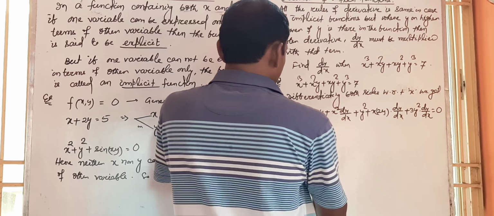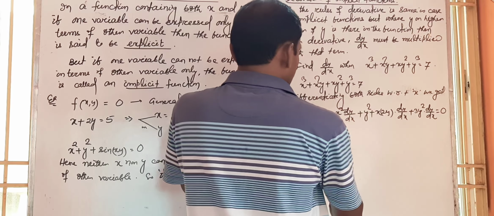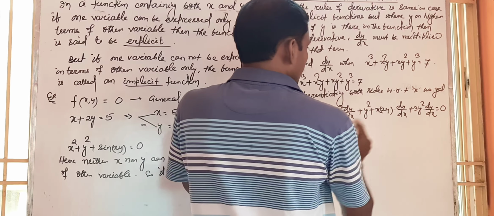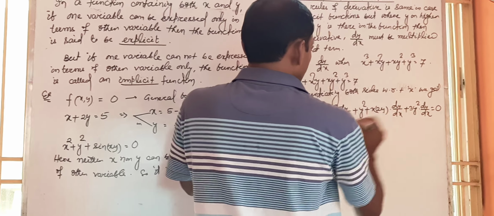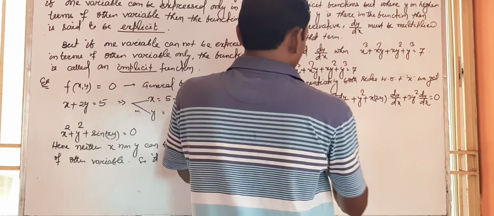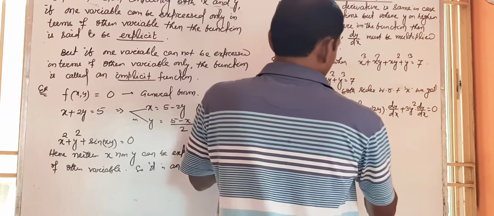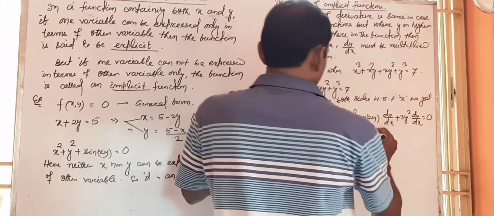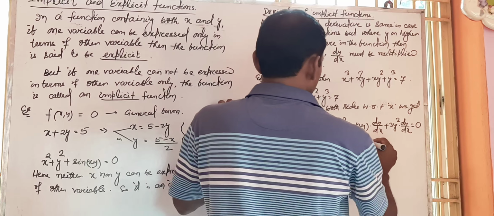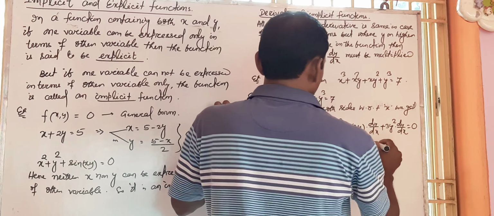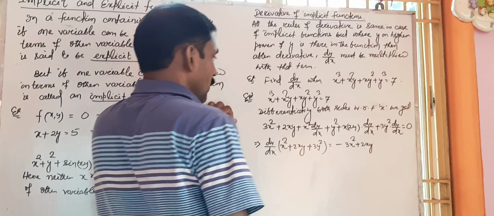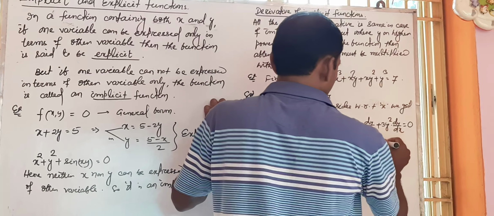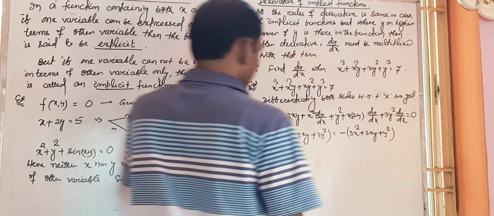So on the left hand side is (x square plus 2xy plus 3y square) whole into dy by dx equal to, taking the other terms, minus of (3x square plus 2xy plus y square).